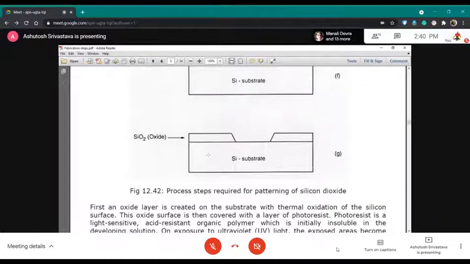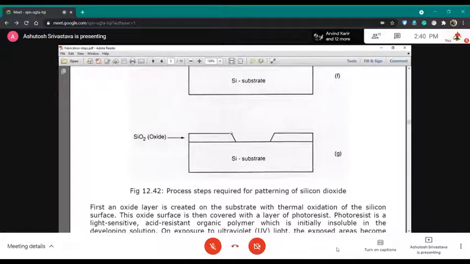So here a full step has been performed to achieve silicon dioxide on the silicon substrate at the desired region, generally called the active region.